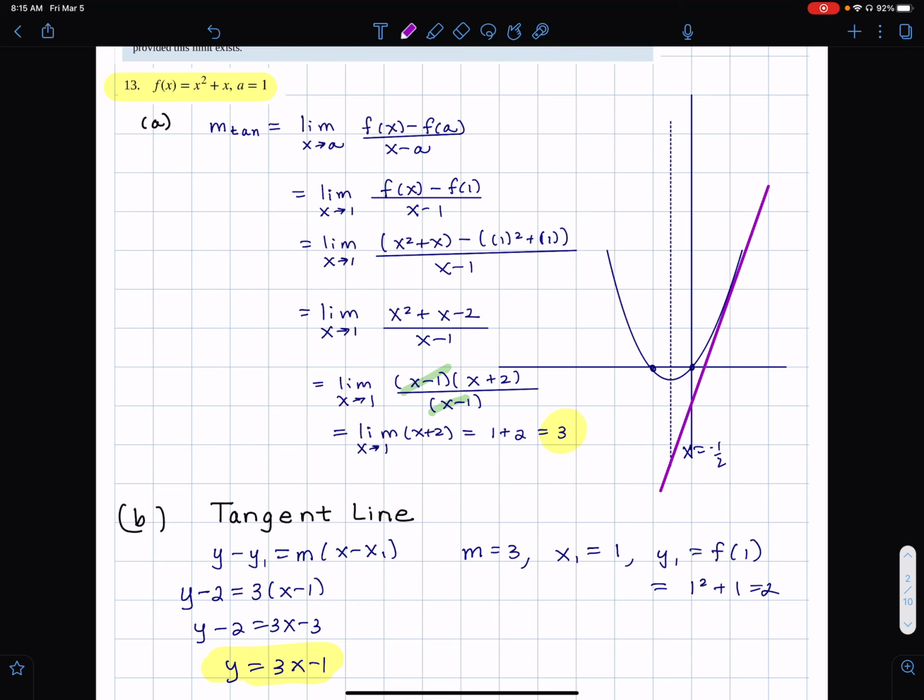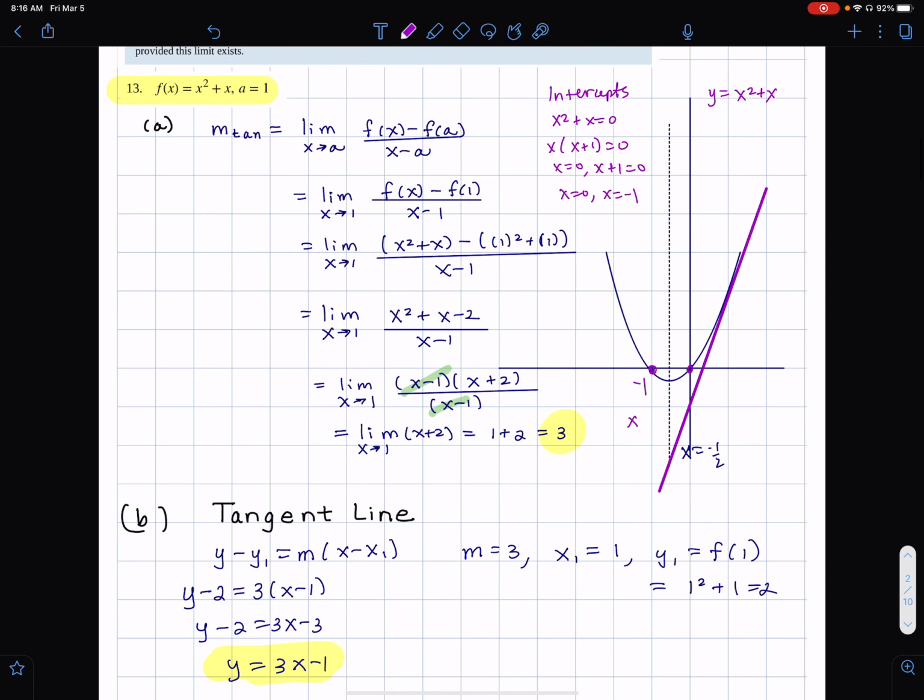The thing is, I sketched it so quickly. So when you have y equals x squared plus x, the intercepts are found by x squared plus x equals 0. So x times x plus 1 equals 0. So you get x equals 0 and x plus 1 equals 0, so x equals negative 1. So that's how I got these points. And then the axis of symmetry will lie right in between those, so you get x equals negative 1/2.